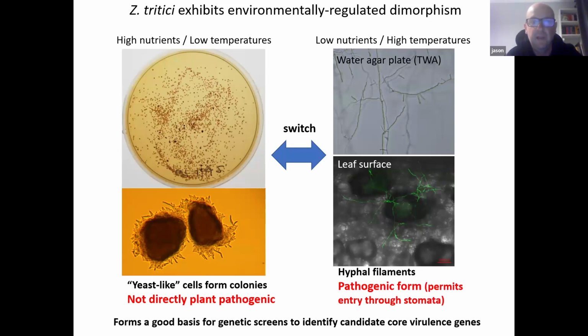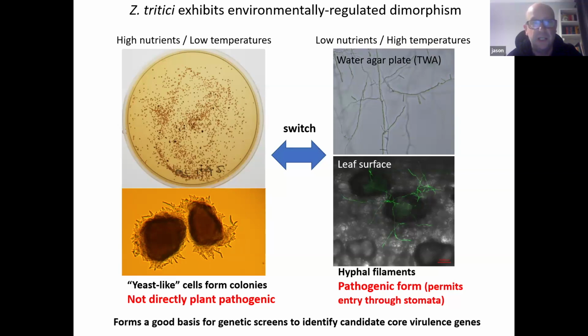These are not directly plant pathogenic, because to become a pathogen to infect wheat leaves, these cells must germinate hyphae to go in through stomata to start colonization. That can also be triggered in vitro by switching those colonies onto low nutrients or high temperatures on low nutrient agar, for example water agar, which effectively simulates what happens on the leaf surface.